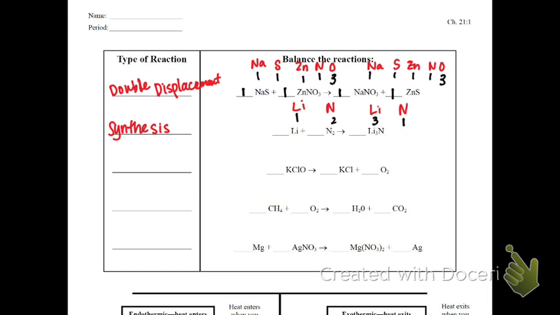All right, so look at these. Look at one letter, one element at a time. How am I going to make 1 become 3? Oh, is that going to work? No. Okay, so we also need to take into account these nitrogens.